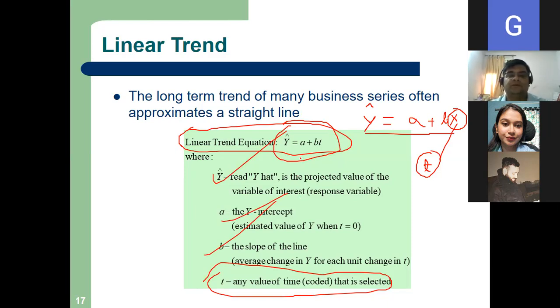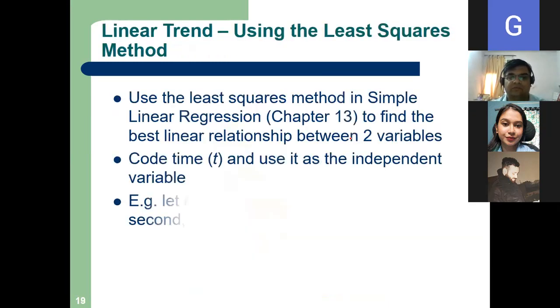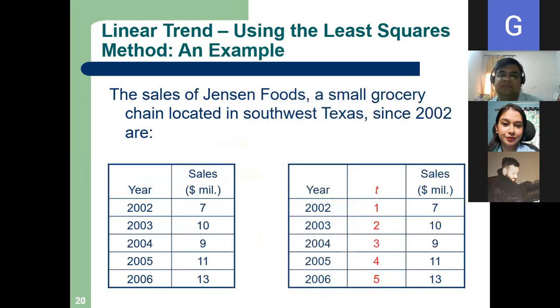This is called the linear trend. Just an example. We will not do this problem because we already did a problem on this in the regression equation, same x and y. In case of linear trend, we replace the x by t.